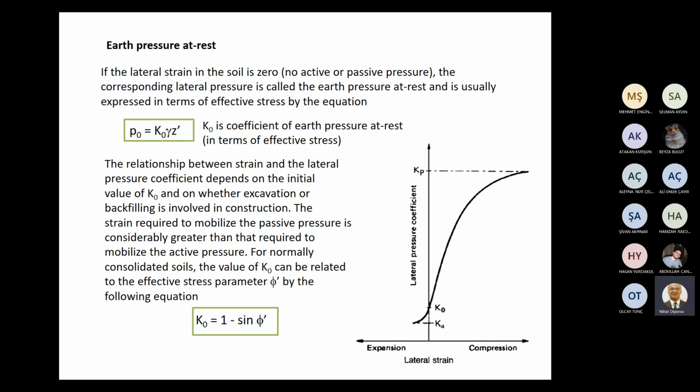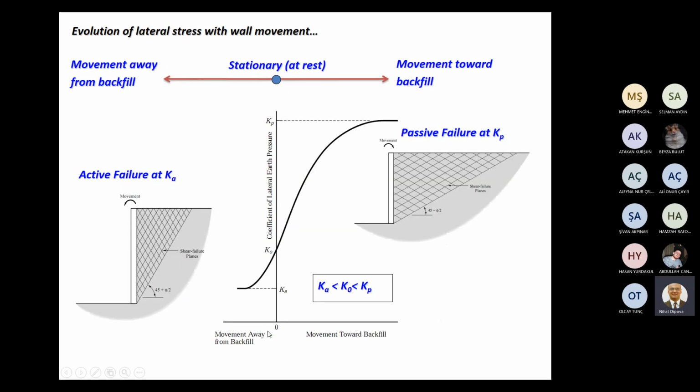The value of K0 can be related to the effective stress parameter phi prime by this following equation. K0 equals 1 minus sine phi. Let me express this figure again. This is at rest condition.